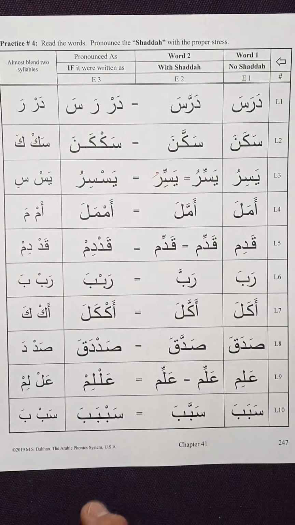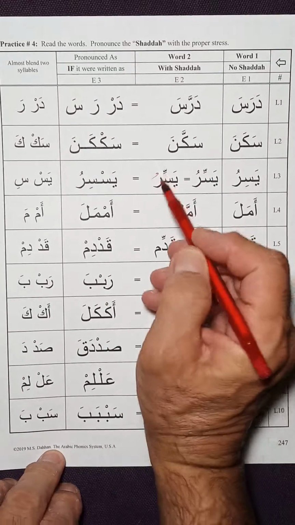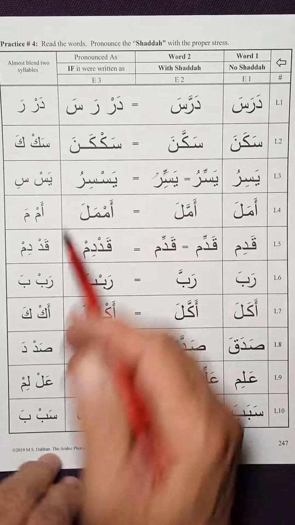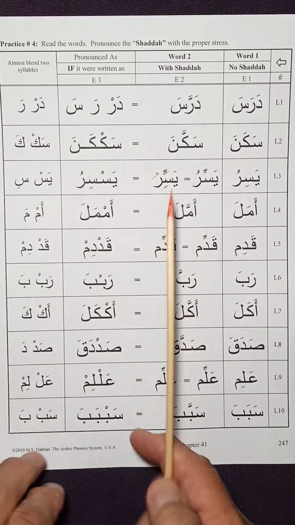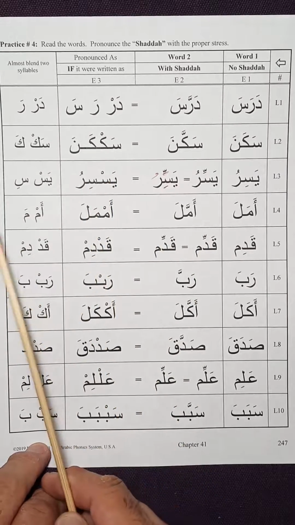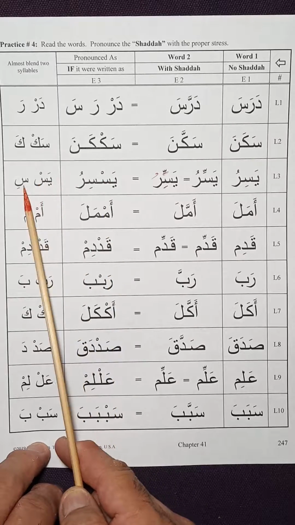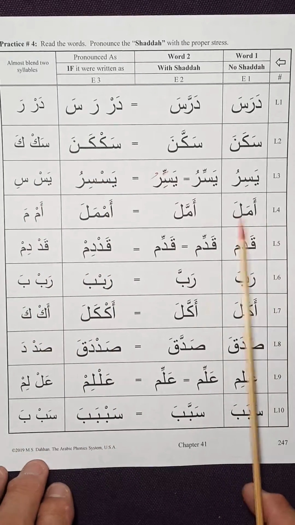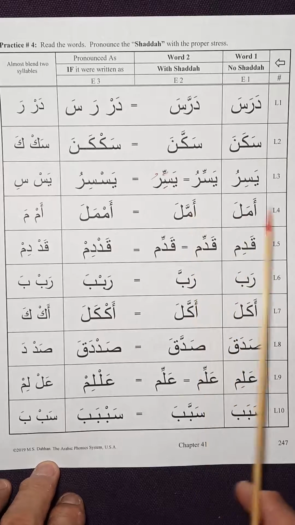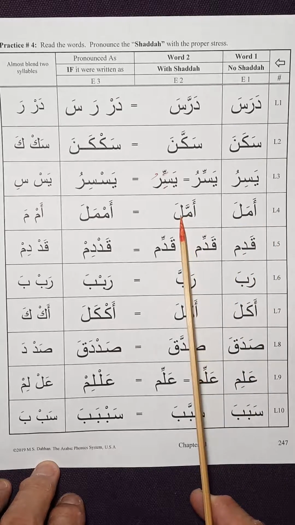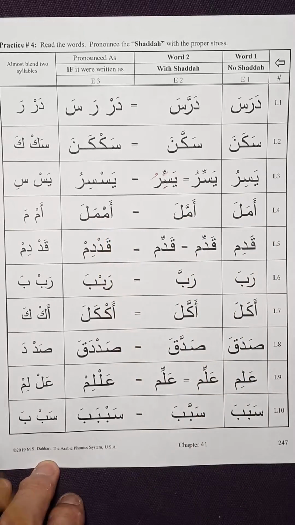Maybe I should give it more space. I think we show you both of them. Here, yasiru. We combine the yes and the C. Here, amala, amala.